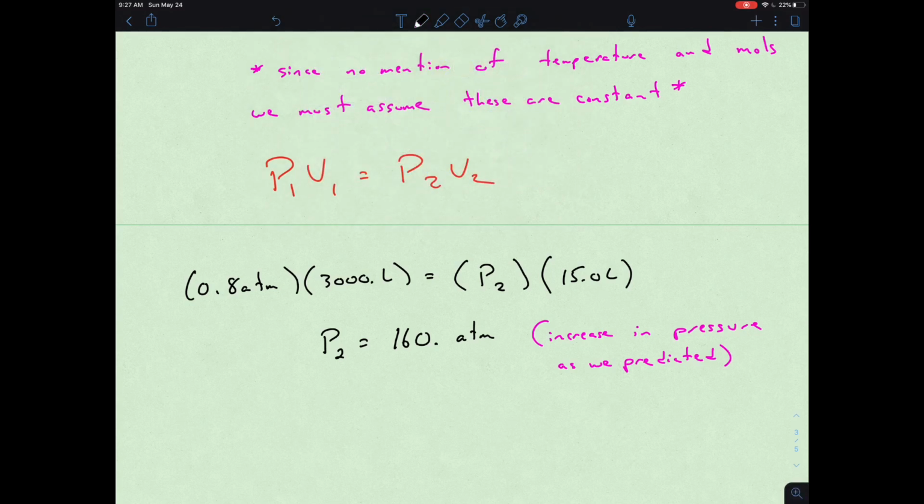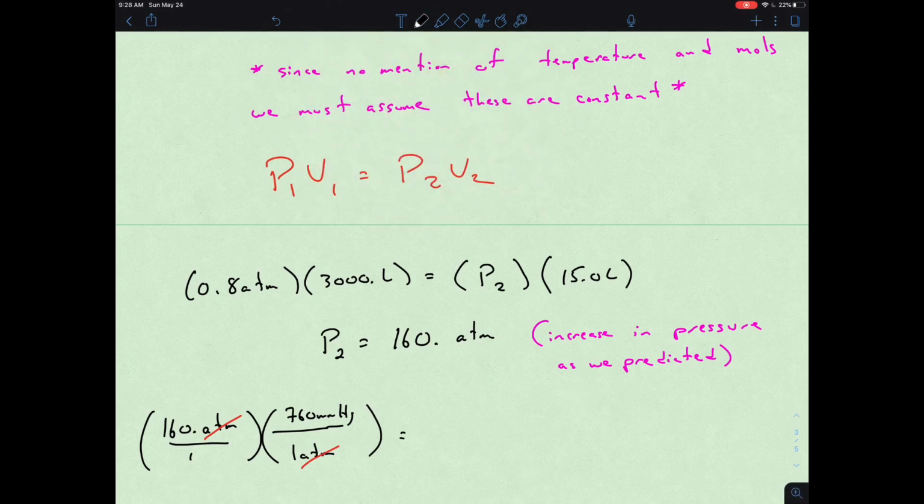Now it's just a simple conversion between the units of atmospheres and millimeters of mercury. So the conversion there is, 1 atmosphere is equal to 760 millimeters of mercury.